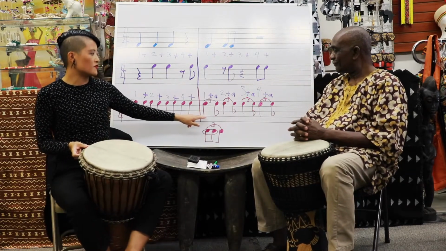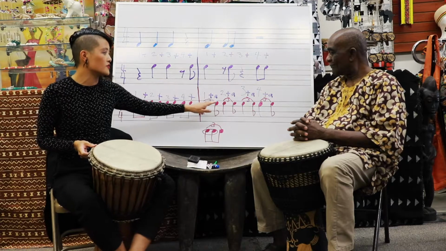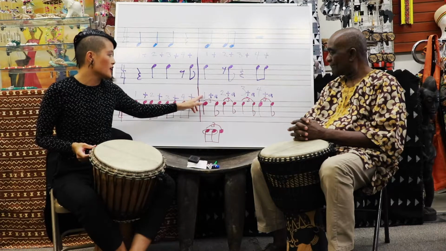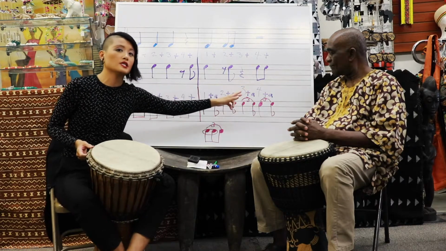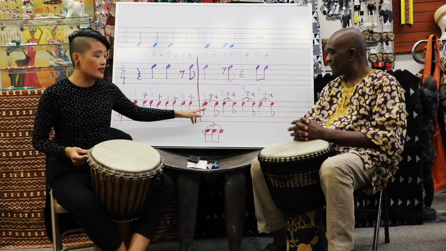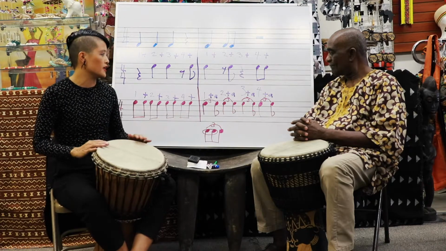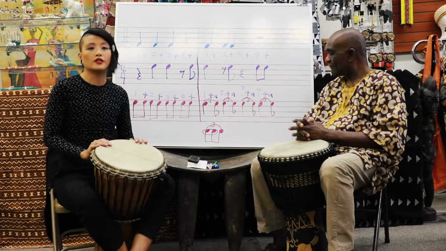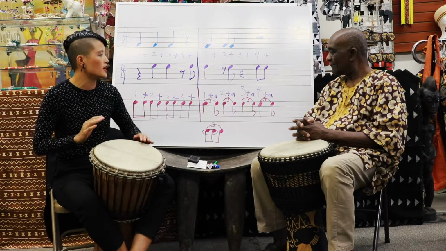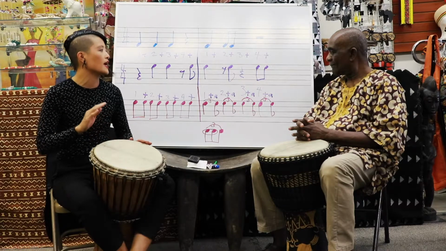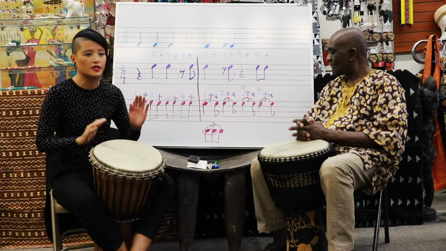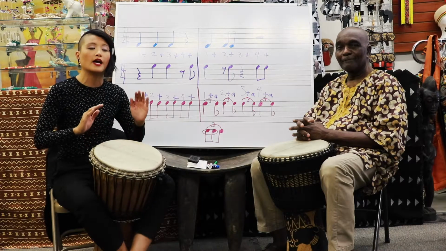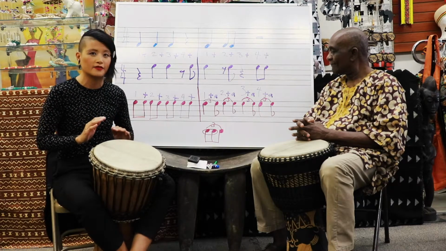Okay? So first let me break it down for you slowly, saying all of the counts with the subdivisions. And then we're going to speed it up and just say the main counts, the main beats that are in blue, and listen for how the beat swings in between. Okay, so here's the slowed down version. 1 and 2 and 3 and 4 and, repeating.